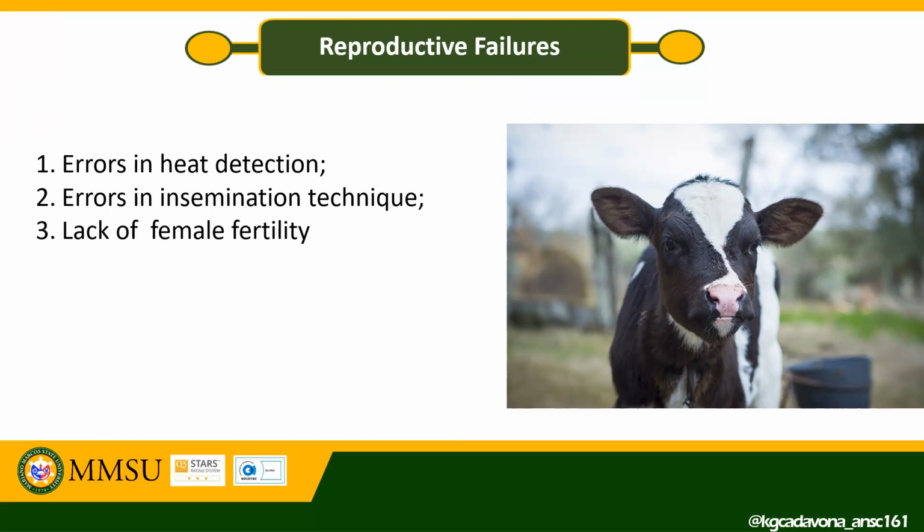So paano nangyayari to? Definitely, the female animals are often bred at the wrong stage of the estrus cycle. Okay? That is one possible na cause. Either they are bred too late following the estrus, or they were not in estrus at all.